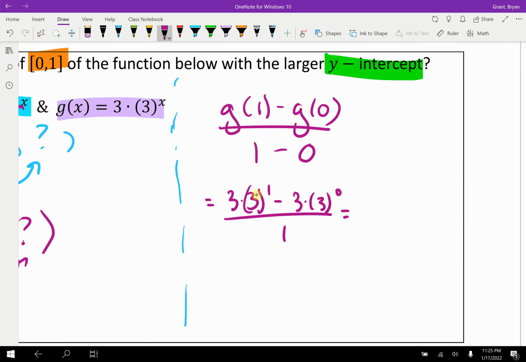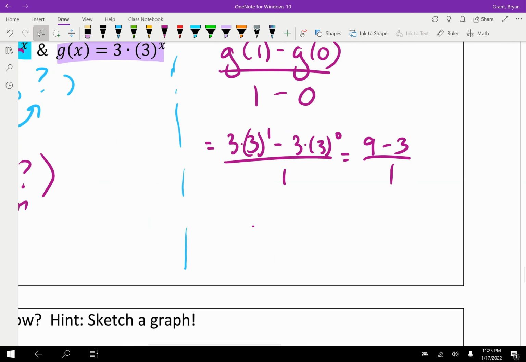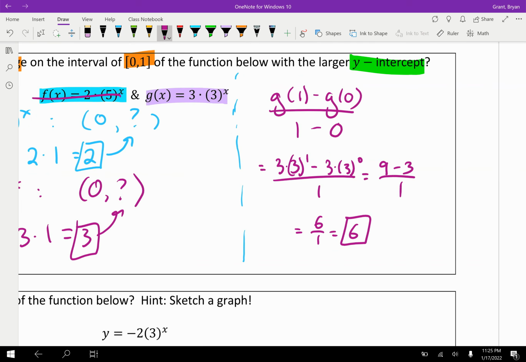Cleaning this up a bit, 3 times 3 gets us 9. This is 1, so we end up with 3. 9 minus 3 is 6. 6 over 1 is just 6. So we had those multiple steps built in. First, determining the y-intercepts, then figuring out which one was larger, and then the average rate of change.